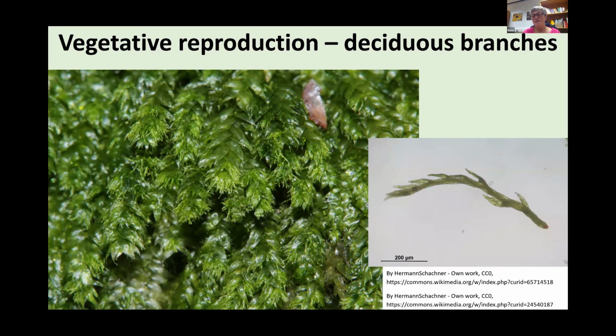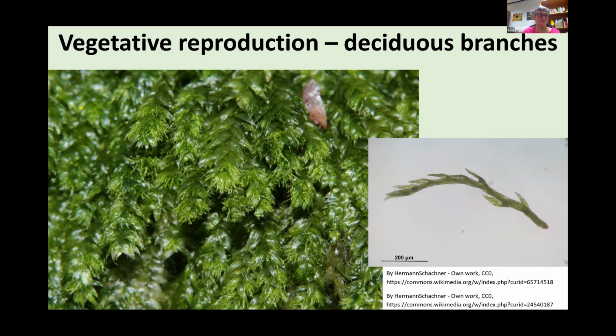Deciduous branches, so these are again weird and wonderful methods of creating another plant that looks exactly like me. This one has quite a long stem and little rudimentary leaves, and this particular species produces hundreds of them. This is Pseudotaxiphyllum elegans.